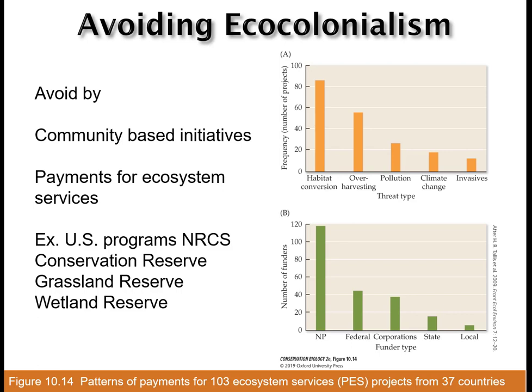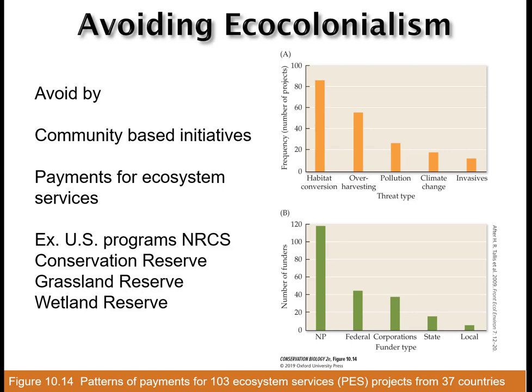There are also a lot of ways that we can set up payments for ecosystem services, and these figures show various patterns of payments in a bunch of different countries. There are projects going into payments for habitat conservation, preventing overharvesting, pollution, climate change, invasive species, and the like, and what funders went into that.